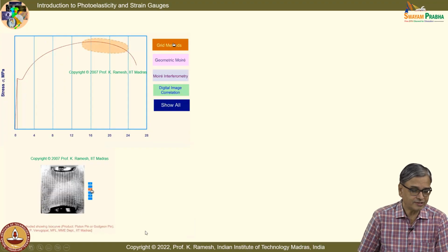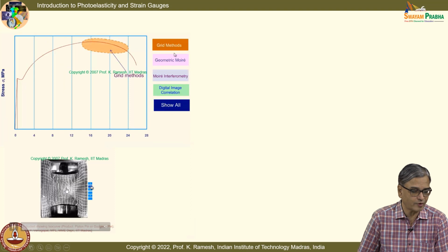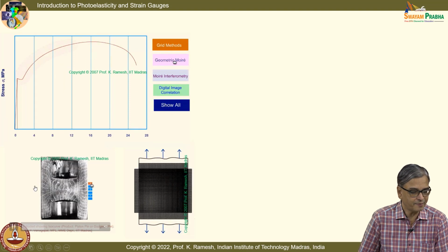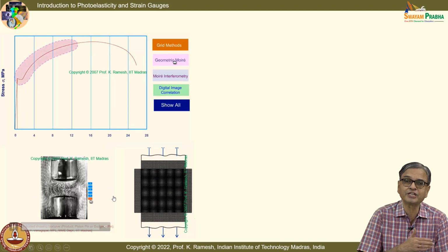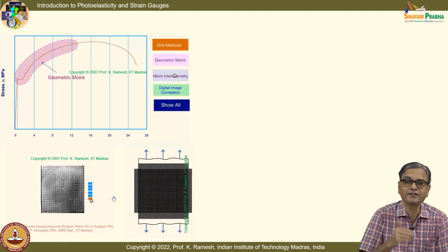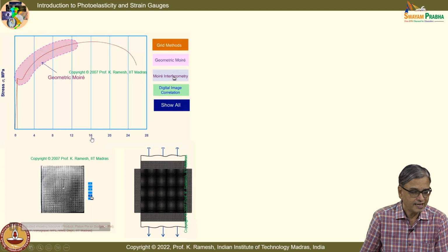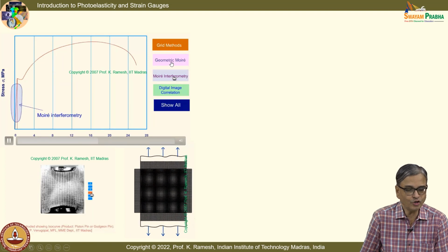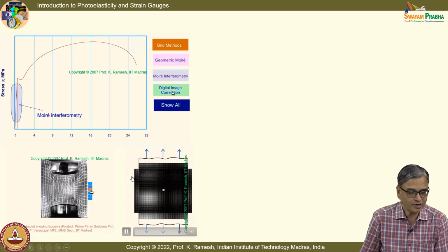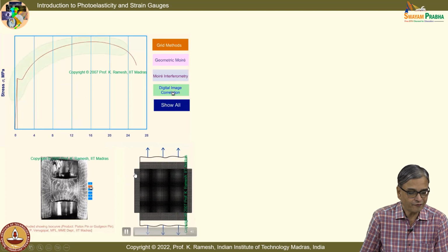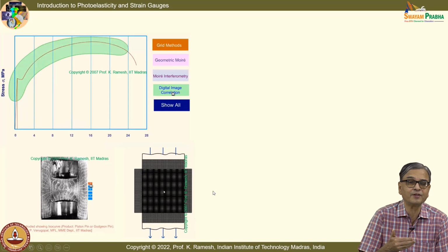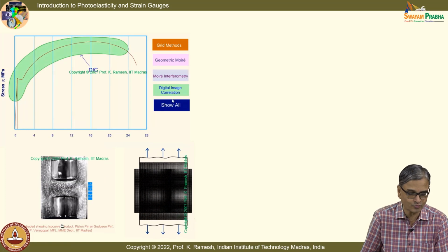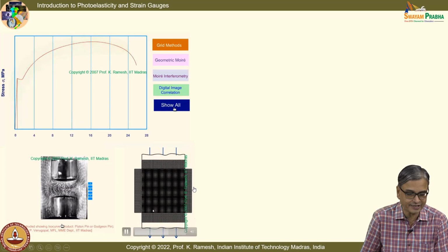And in the Gudgeon pin we have put square grid, and then we have been able to see after deformation beautifully the deformed lines, and that comes under grid methods. Then you go to geometric moire. What they have done is, if I view the square grid with a master grating, that is what you have here, you have the master grating here.